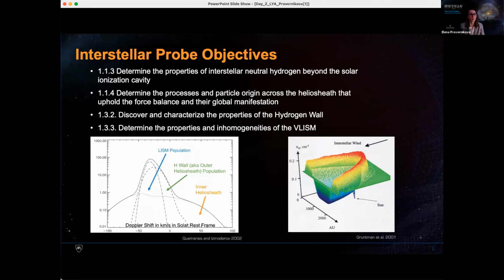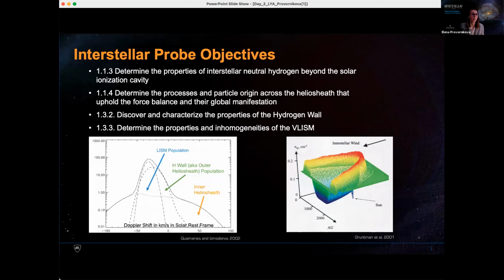Also, to determine the processes and particle origin across the heliosheath that uphold the force balance and their global manifestation. And this relates to the ability to determine the properties of hot hydrogen atoms that are born in the heliosheath. Those atoms form the wings of the Lyman-alpha line profile, as you see on this plot on the bottom.